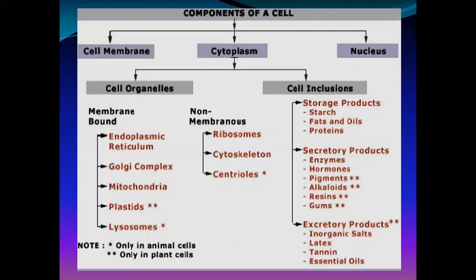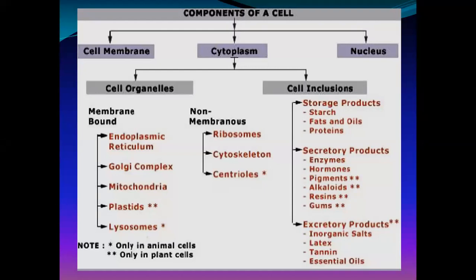Now we are coming to the components of the cell. When you look at the components of the cell, we have the cell membrane, and then surrounding it the cytoplasm and the nuclear compartment. The cytoplasm is divided into two parts, which we call cellular organelles and cell inclusions.